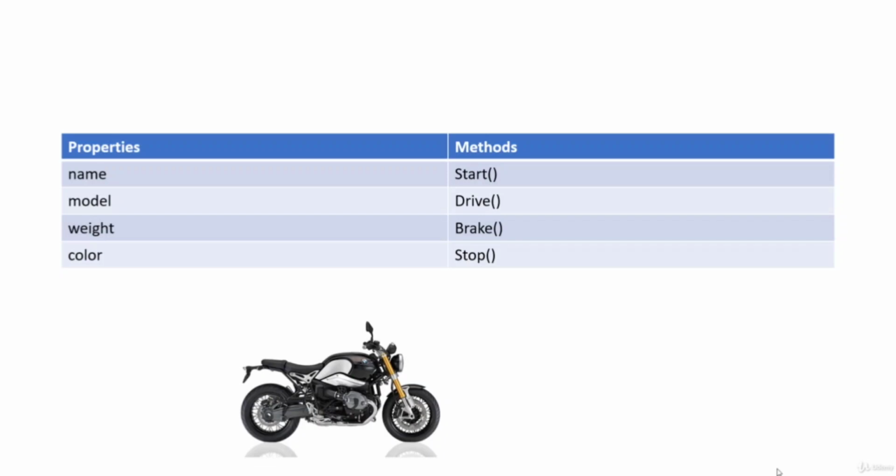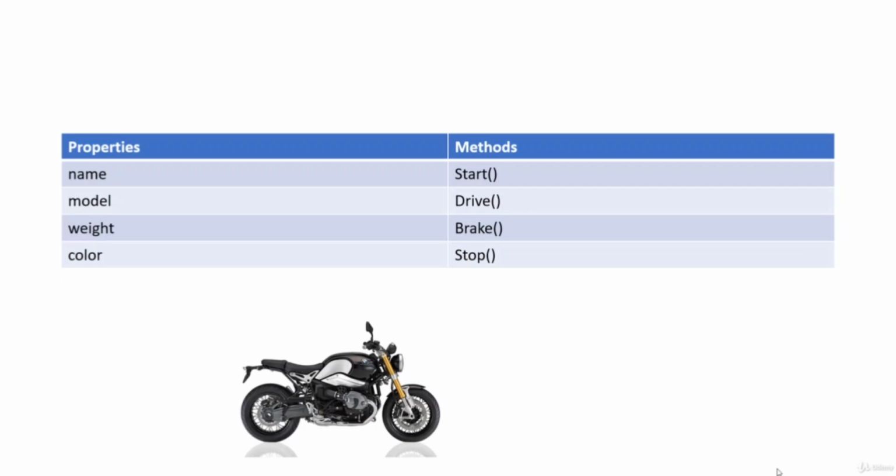Properties are the attributes of that object. In this case, a bike will have a name, a model, a weight, and a color. These can be different for each object. We can take another bike which has a different name, a different color, a different weight.